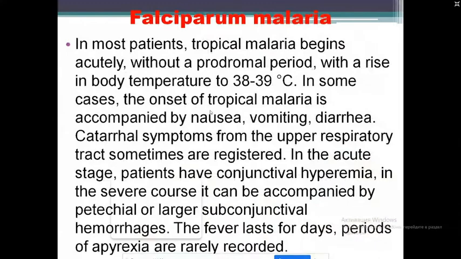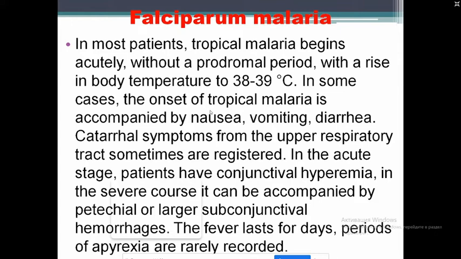Falciparum malaria. In most patients, tropical malaria begins acutely, without a prodromal period, with a rise in body temperature up to 38, 39, and more, up to 41 degrees Celsius. In some cases, the onset of tropical malaria is accompanied by nausea, vomiting, and diarrhea.